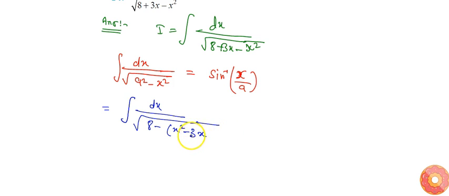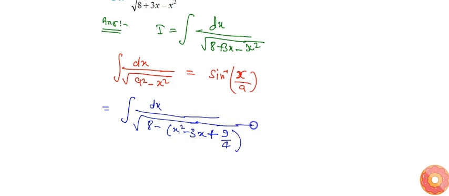Since 2ax equals 3x, a will be 3 by 2. So we need to make the perfect square of x minus 3 by 2. To make x minus 3 by 2 a perfect square, I have to add 9 by 4 in this term.